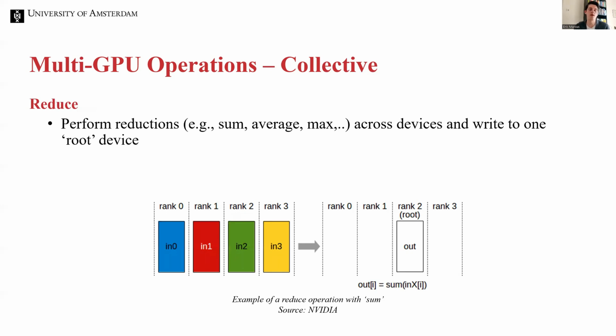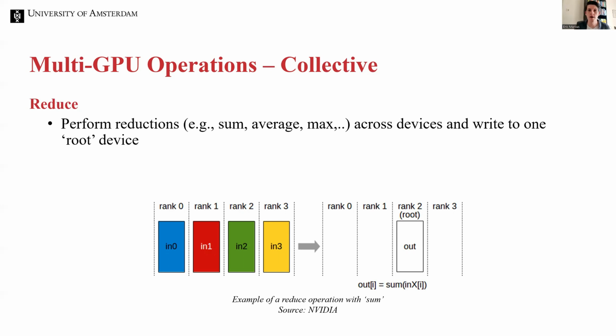Now, reduce is the next one I want to discuss. It's one of the last ones actually. Reduce, as the name suggests, performs reductions across the devices and then writes the result to one device. Reductions can be a summation, an average, or computing the maximum. In the image, for example, we have a sum reduction where all of the ranks have some kind of data, the different colored ones, and then they're all summed across and placed into rank 2 in this case, which is the root.